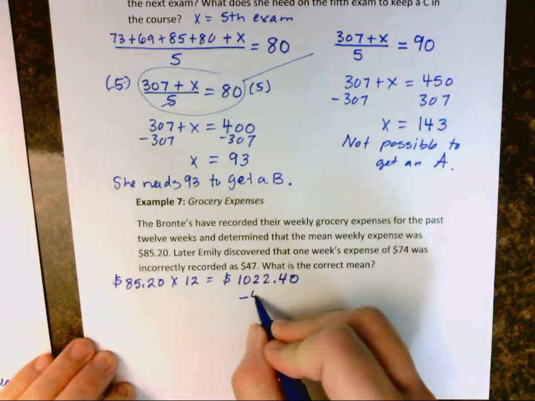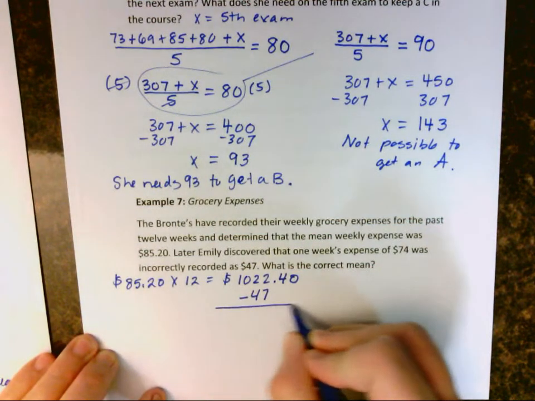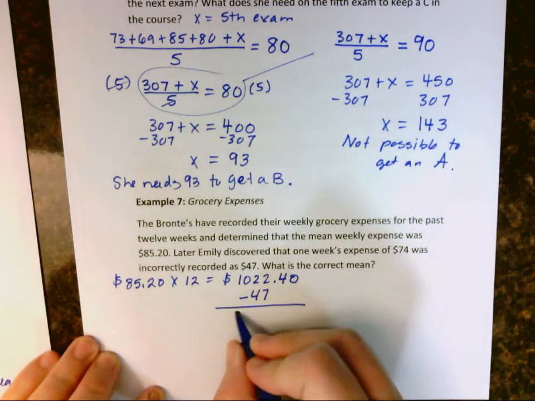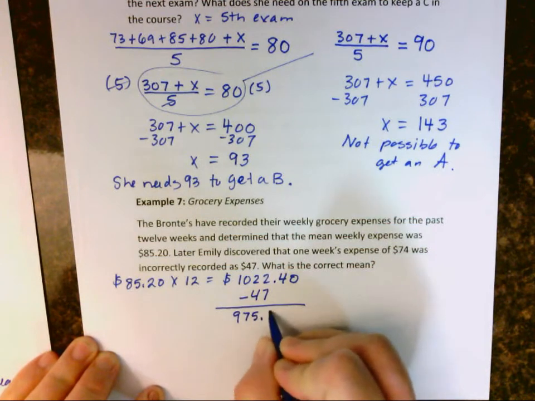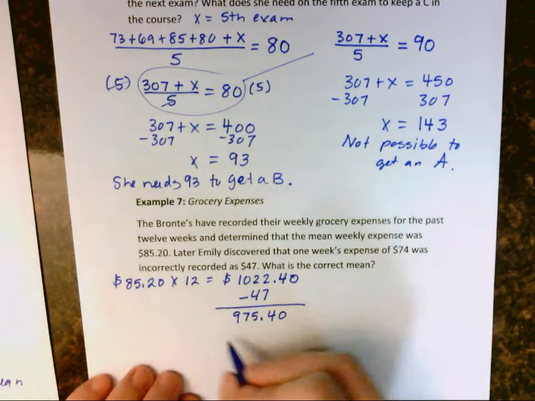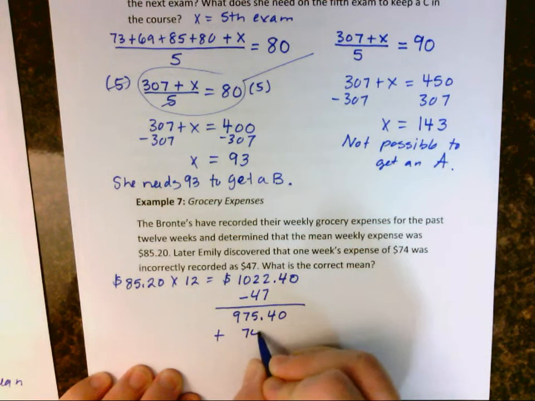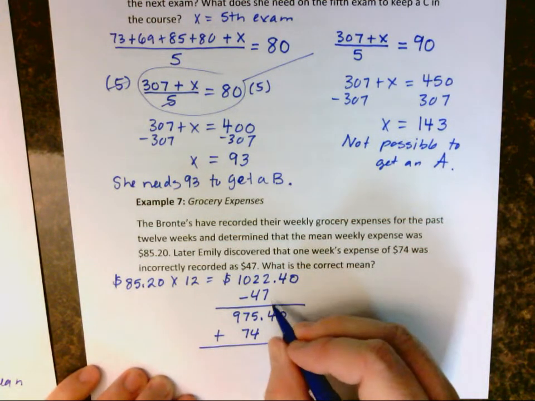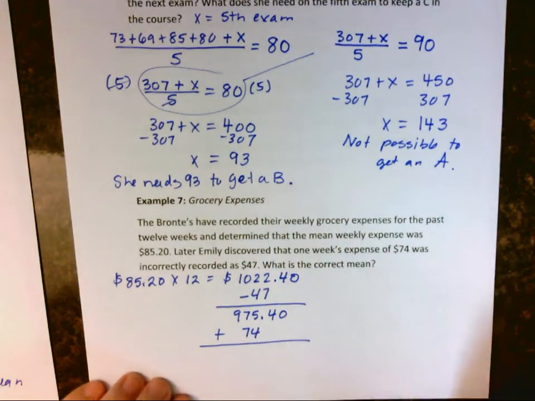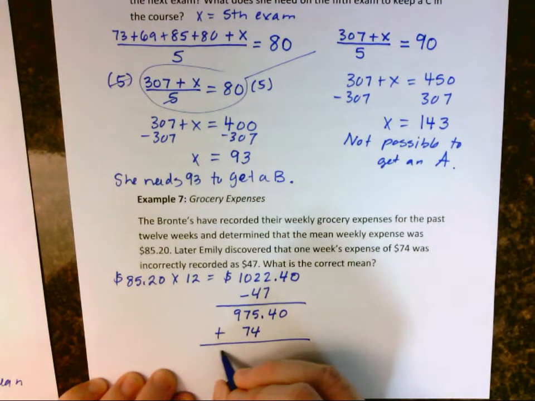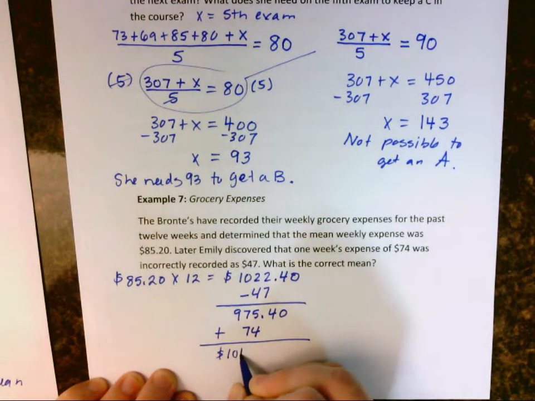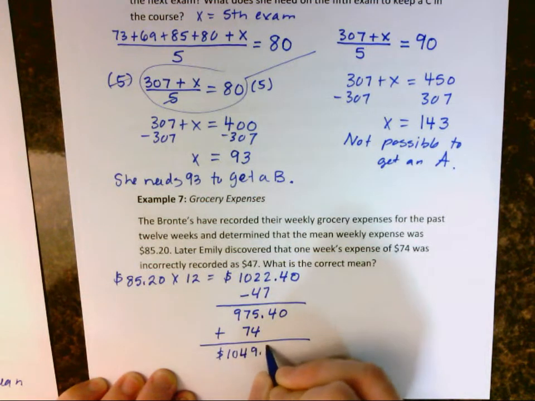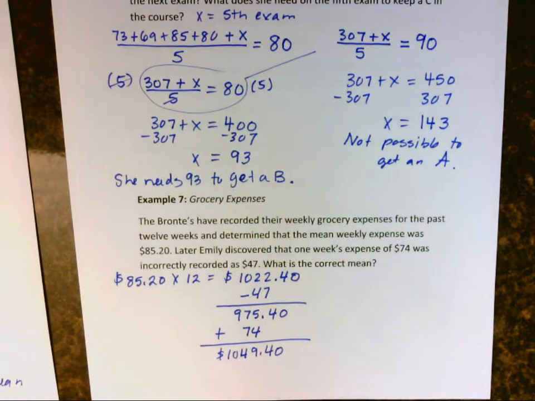So I need to take out the 47 that they recorded, and add back in the 74 that they actually spent. Okay, that was the wrong part and this is the right part, and that's going to give us $1,049.40 as the new corrected 12-week total of the expenses.